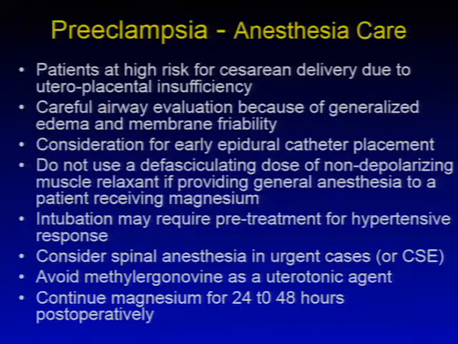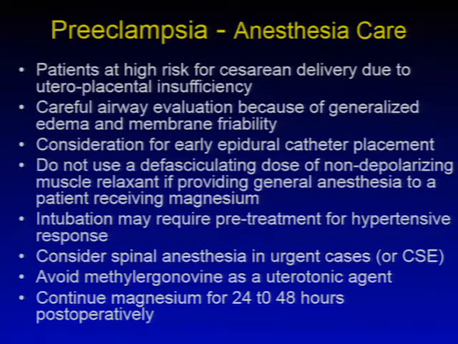So careful airway evaluation must be done because these women are more likely to have generalized edema and membrane friability. Many centers consider preeclamptic women in labor candidates for early epidural catheter placement.